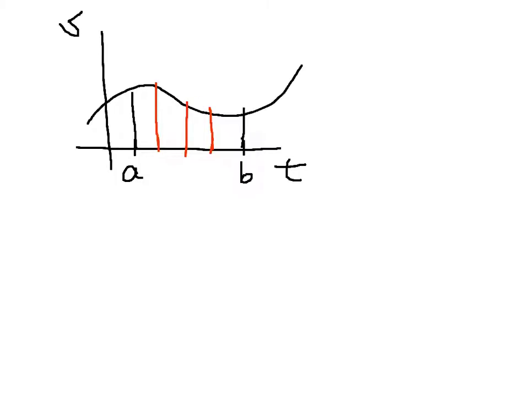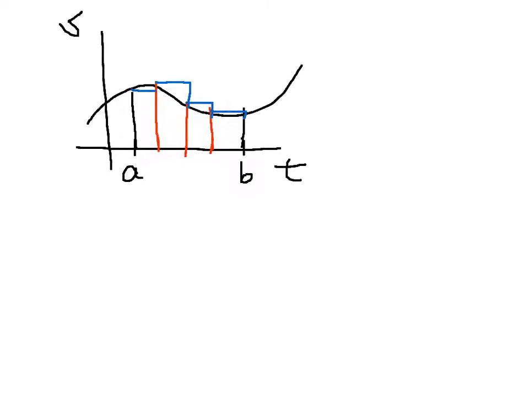So in this case, let's draw the heights using the height at the left-hand point. So it'll look something like this. Get it? And for each of these rectangles, I can find the area. And in each case, the area will simply be an approximation for how far we traveled over that time interval.